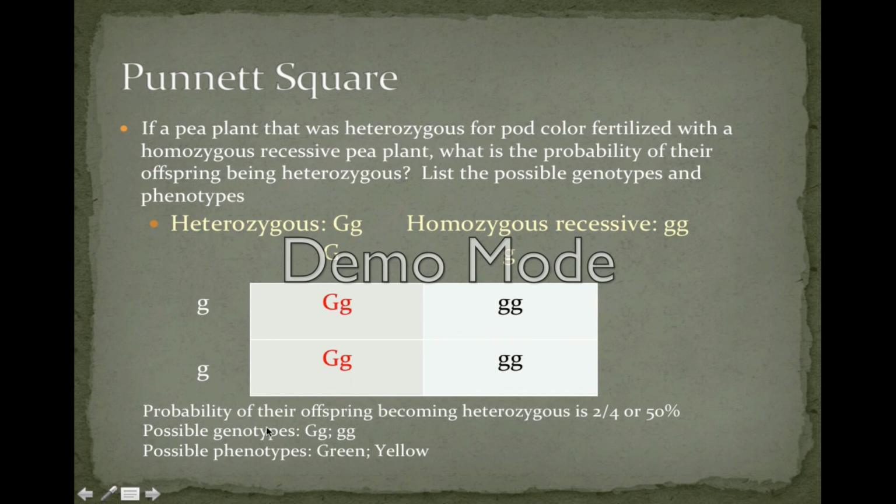And the possible genotypes, you list them from the boxes here. So you have a heterozygous here and a homozygous recessive here. That's your possible genotypes for a future offspring. And for possible phenotypes, because you have heterozygous, the possible phenotype would be green. And since you also have a homozygous recessive, another possibility for the phenotype would be yellow.